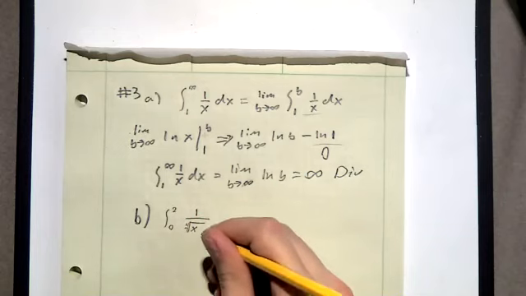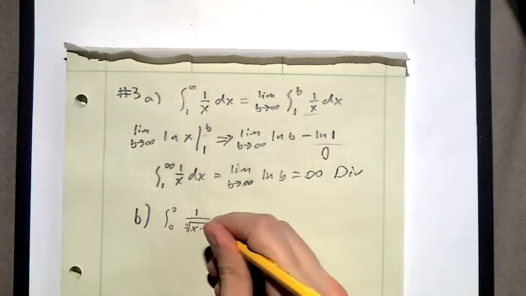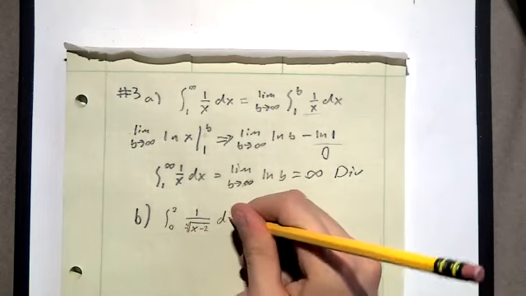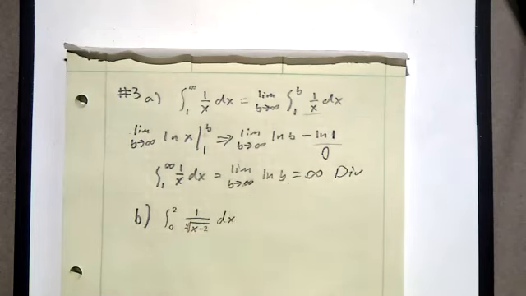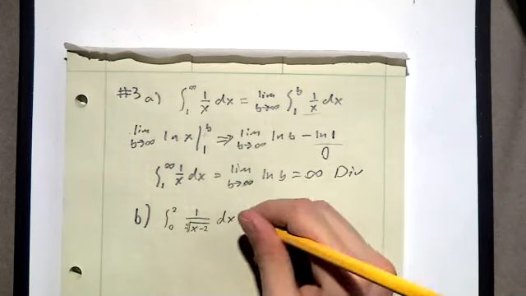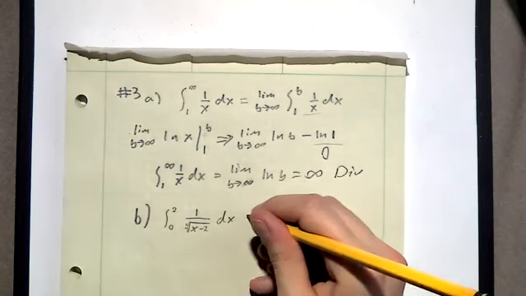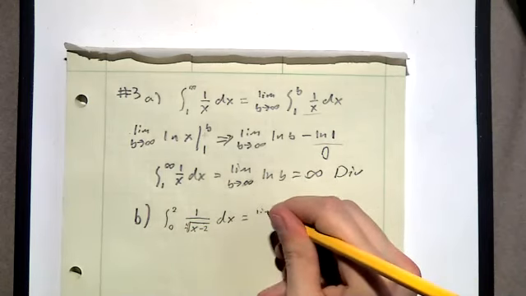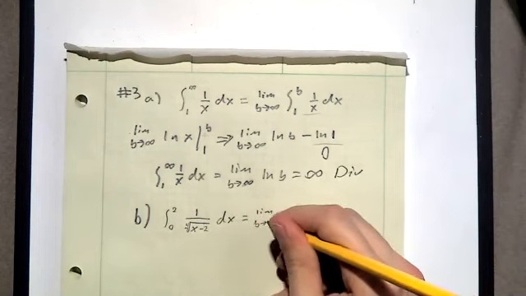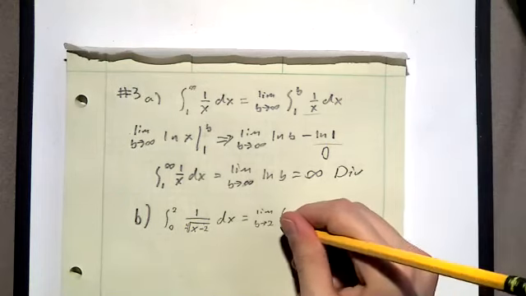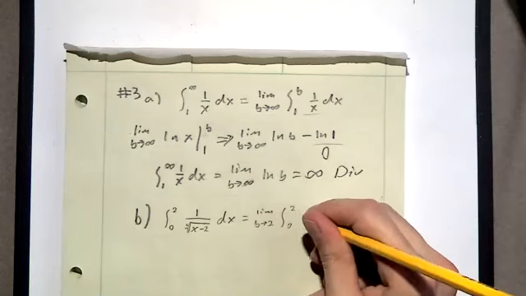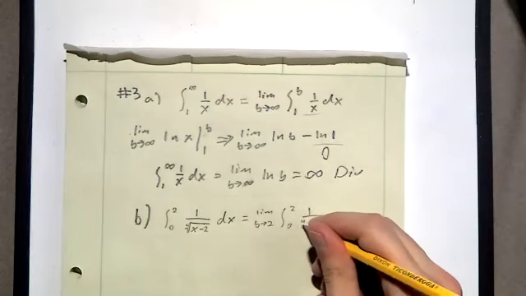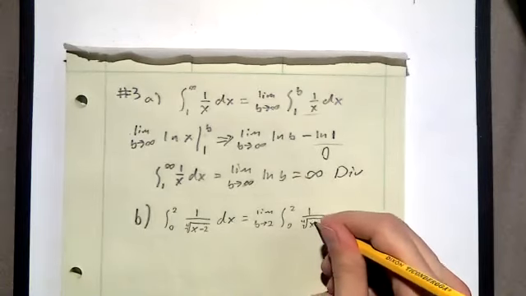X minus 2. All right, so in this case, instead of the limit as b approaches infinity, we have the limit as b approaches 2. 0 to 1 over 4th root of x minus 2.